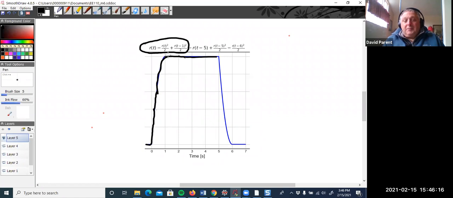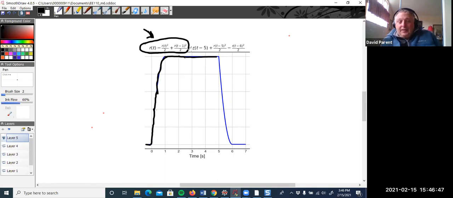If you think about it, this is like a composite function, where I have a ramp, I subtract the ramp squared divided by 2, and then I add a ramp delayed by 1 squared divided by 2.